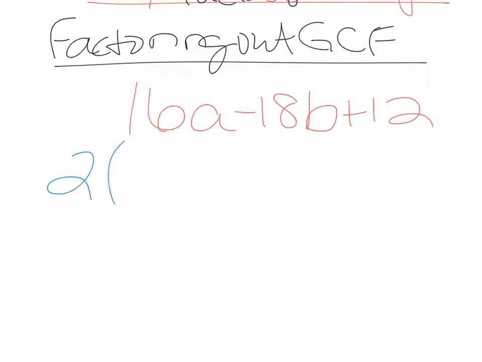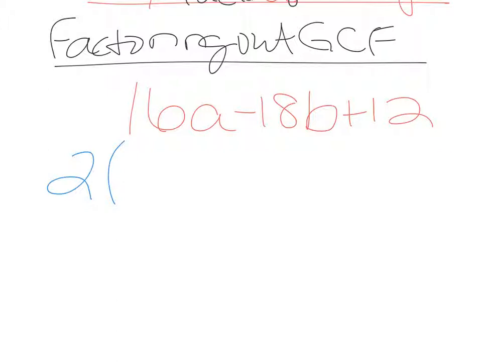Now, since I said that factoring is kind of like the inverse of multiplying, if I were to distribute this 2, I need this expression back. Ultimately, it has to be equivalent. If I were to distribute this 2, I would be multiplying by something, and it has to equal 16a.